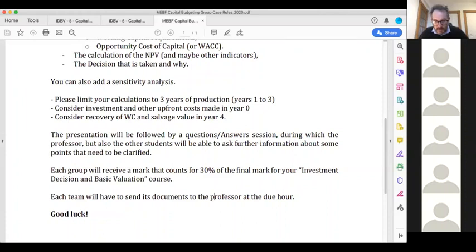You can also send me the Excel file if you want. And for the presentation, same thing. It's a PowerPoint presentation, but keep the Excel file ready because certainly in a lot of situations, I will ask for further details for calculation of some topics.